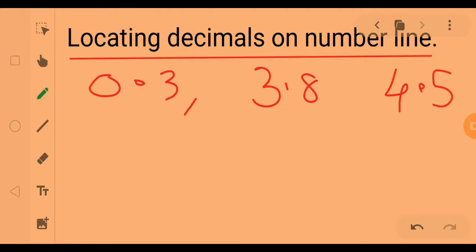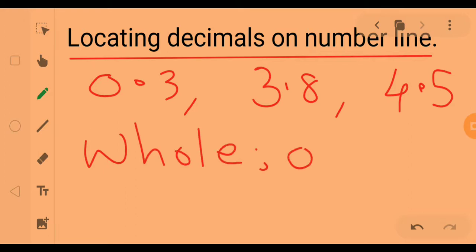We have been asked to find between which two whole numbers these decimal numbers are located. We know that whole numbers start from 0, 1, 2, 3 and so on. So let us write these whole numbers on a number line.